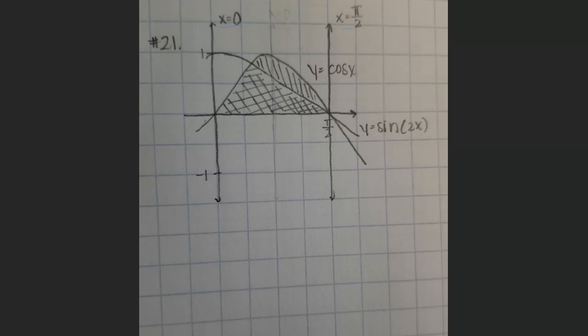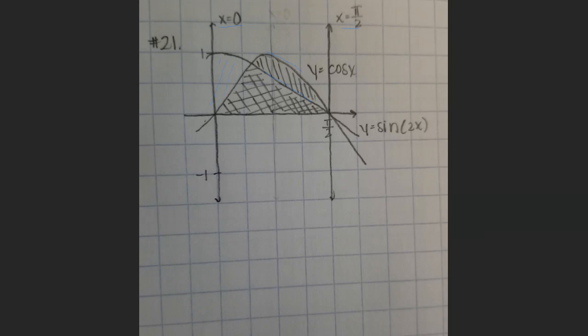This one is y equals cosine x, and this one over here is y equals sine 2x. And so I wasn't sure. I think that these two are the two areas bounded. I just wasn't sure if this left region was a part of it.